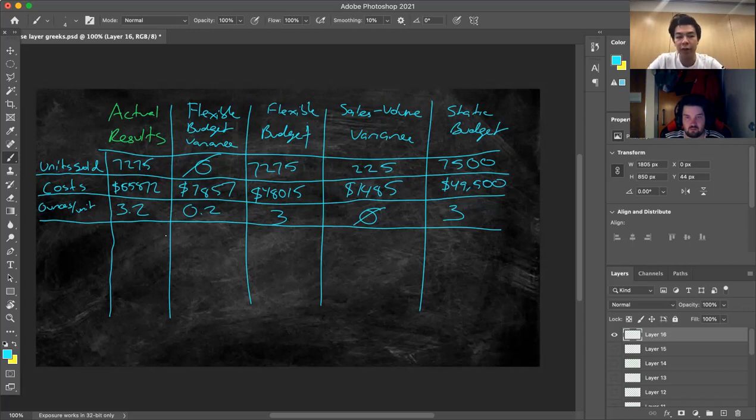I'm like, okay, we got the units sold here, and we got the ounces per unit, right? Therefore, we can make a row called total units. And total units is going to be 3.2 times 7275. So 23,280. Yep.